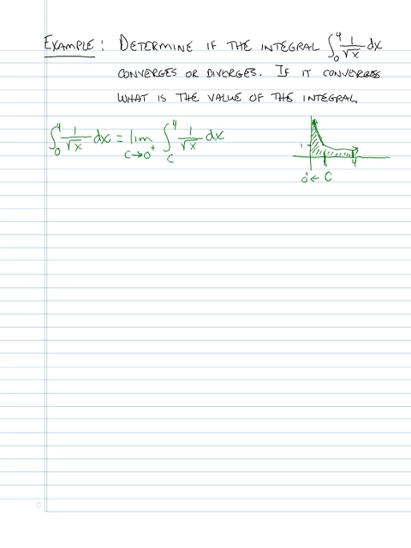So c is going to be positive, isn't it? Okay, always positive. Well, now we've got to worry about integrating 1 over the square root of x. And we'll evaluate then from c to 4.